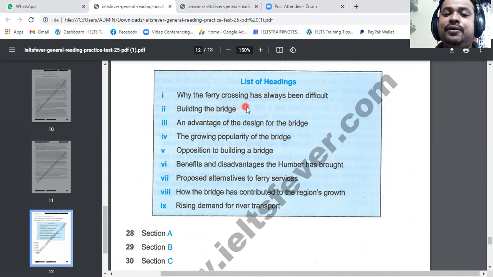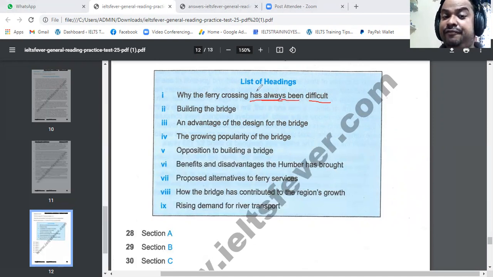Why the ferry crossing has always been difficult? It means you can say that the ferry crossing was difficult. It has always been difficult.